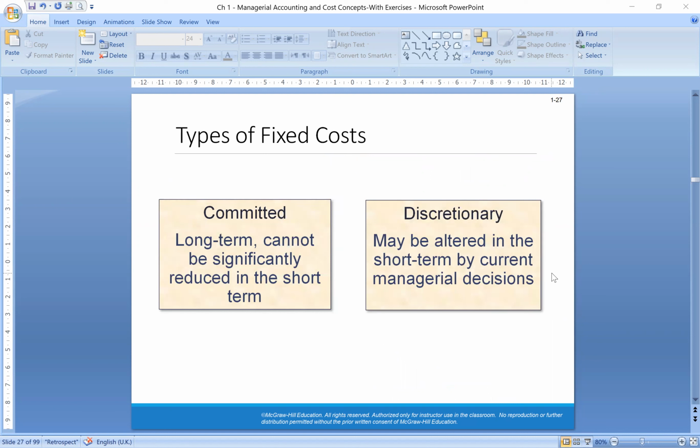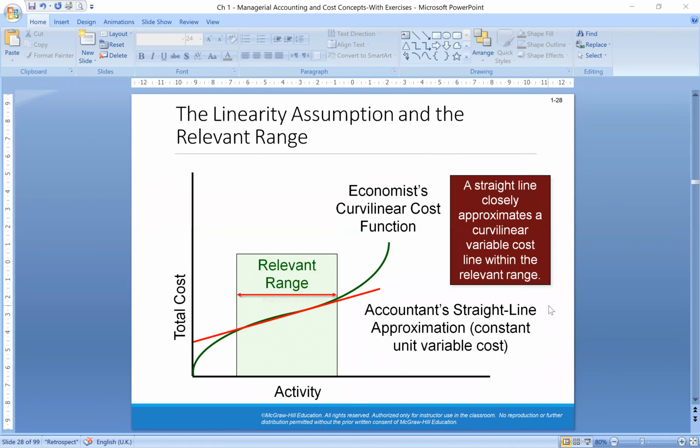Types of the fixed costs can be committed or discretionary. The committed is long term, cannot be significantly reduced in the short term, and discretionary may be altered in the short run by current managerial decisions. One cannot be reduced in a short run, and the other one can be reduced. The linearity assumption and the relevant range.